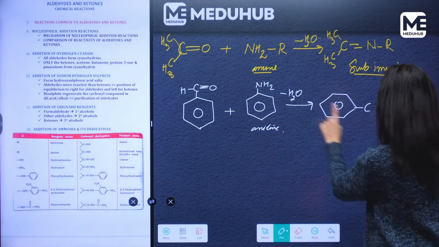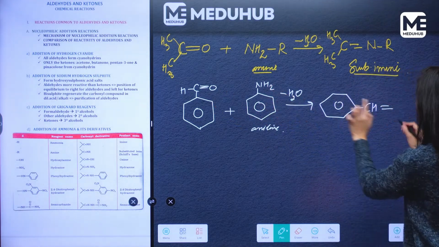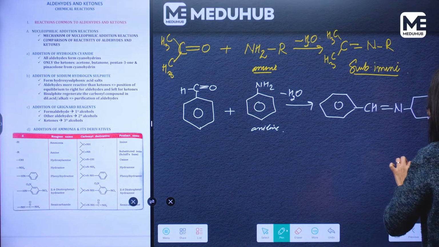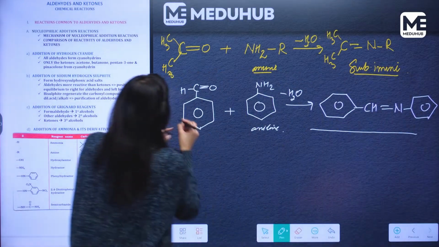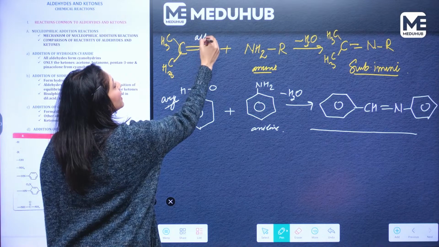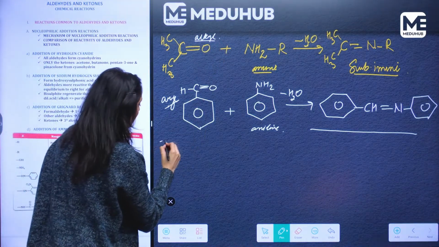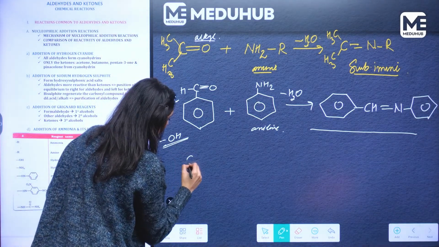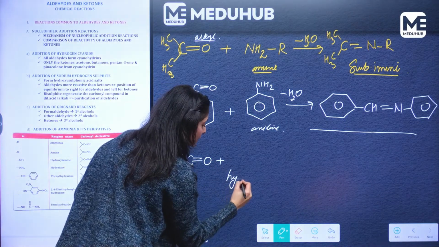This oxygen, these two hydrogens will go away and another benzene ring here. So this is the product when Z is an aryl group. Here an alkyl group was there. Next, if we have an OH group, that means reaction of a carbonyl compound with hydroxylamine.